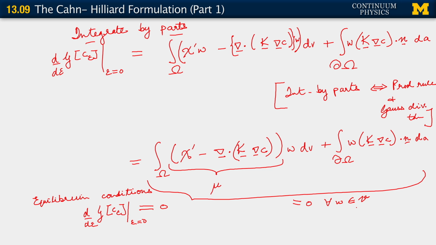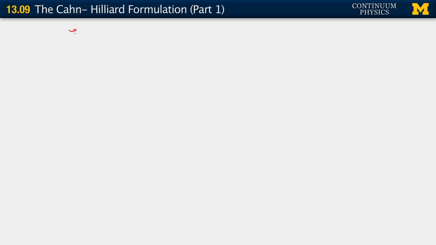Remember how we said that if it has to hold for all W belonging to V, it also holds for certain special cases of W. And using those special cases of W, we concluded that at equilibrium, we say that mu, which is chi prime minus divergence of k grad C, is equal to 0.